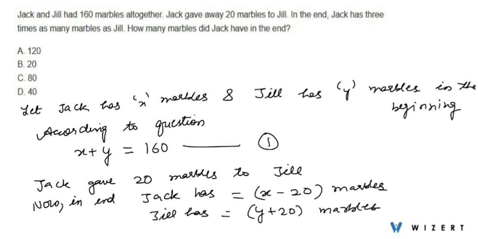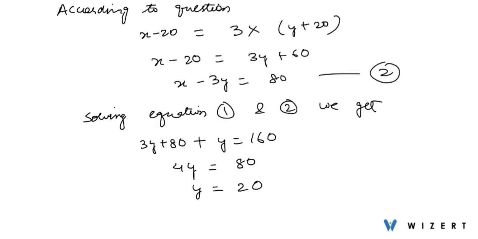So Jack has x marbles, and in the end he has x minus 20 marbles. We can find the value of x from 160 minus y. So 160 minus 20 is equal to 140.